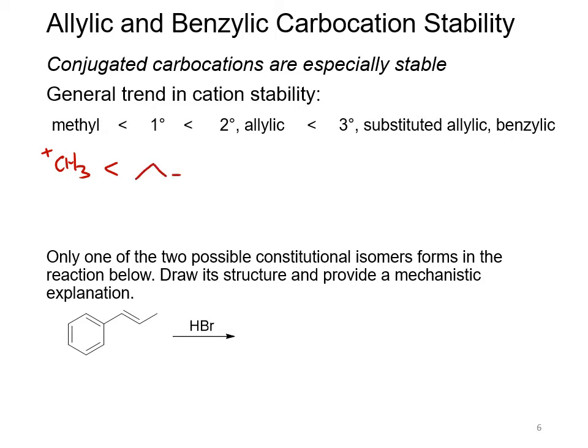Primary cations are next, and even more stable are secondary cations and the allylic cation, which we talked about last time, right? And that, of course, has a resonance structure, where we can delocalize the positive charge to this other carbon.